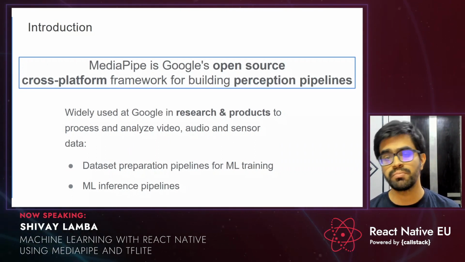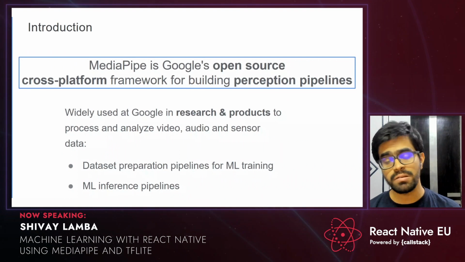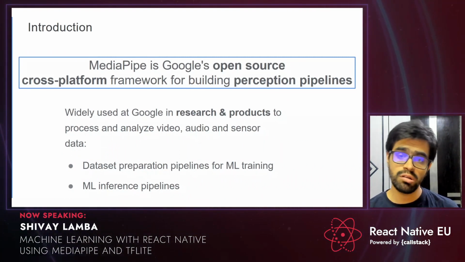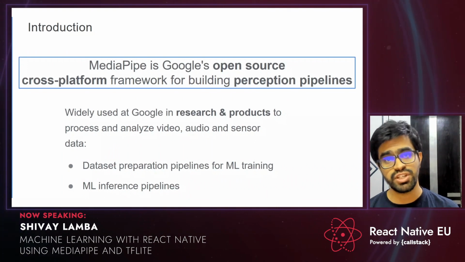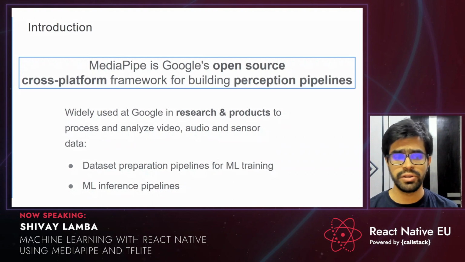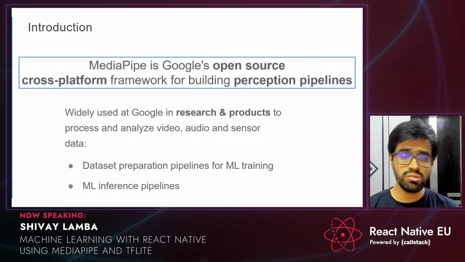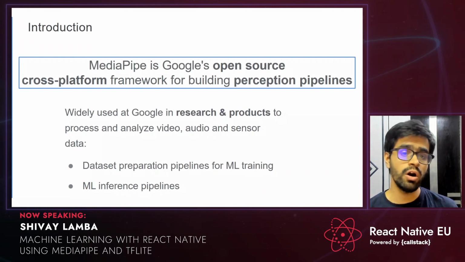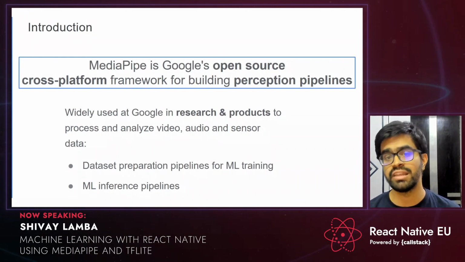But after having been introduced and open sourced in 2019, it is now being widely used to do a lot of different machine learning implementations and pipelines built around video, audio, and sensor data. So it can be used to do data preparation pipelines for machine learning training, or it can also be used for doing ML inference pipelines.